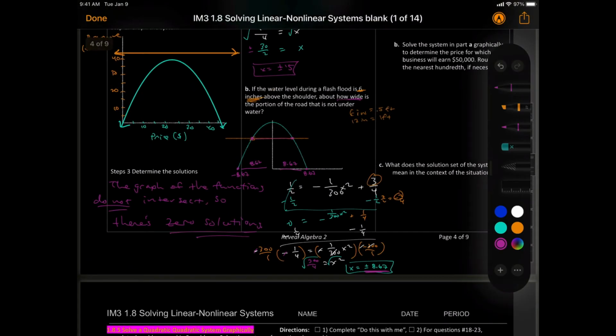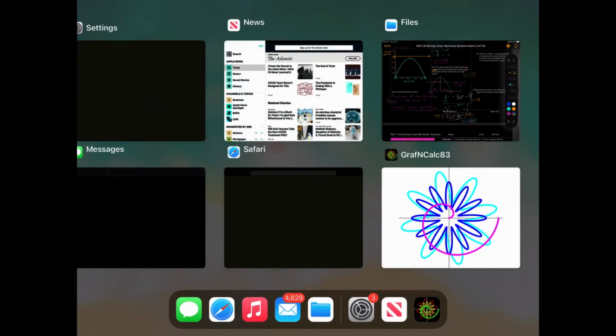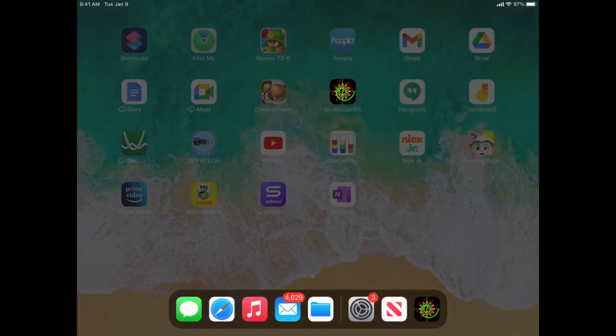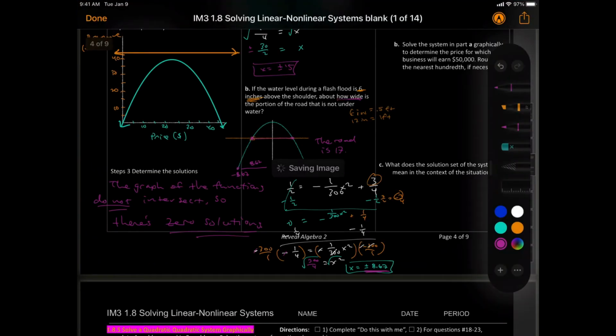So the road is 17 point, what did we say? 17.34 feet wide.